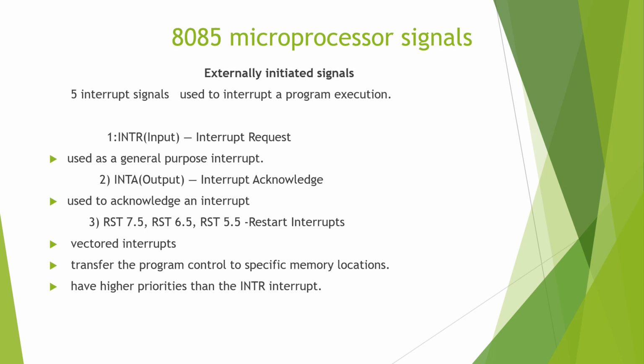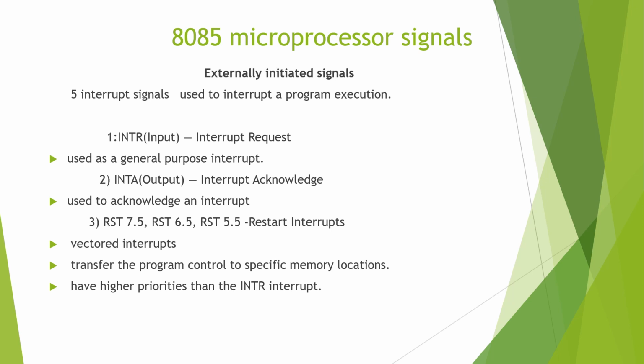Externally initiated signals are the signals initiated by an external device to request the microprocessor to do a particular task or work. There are 5 interrupt signals which are used to interrupt the program execution. The first one is INTR, also called interrupt request, which is used as a general purpose interrupt. The second one is INTA, an output, interrupt acknowledge, which is used to acknowledge an interrupt.